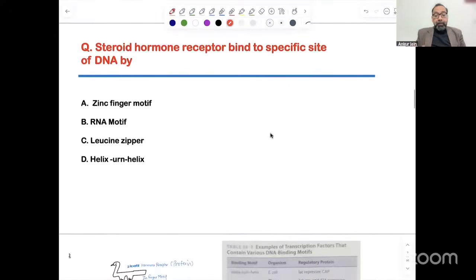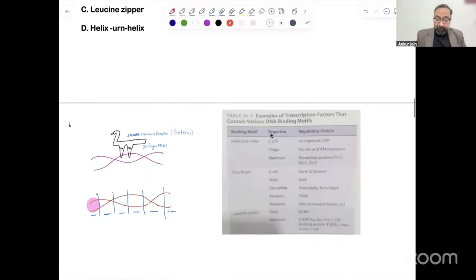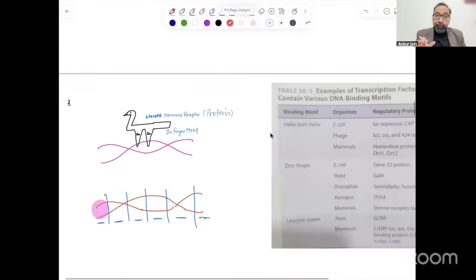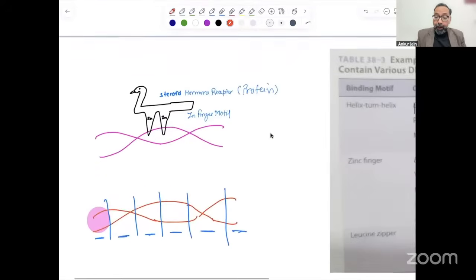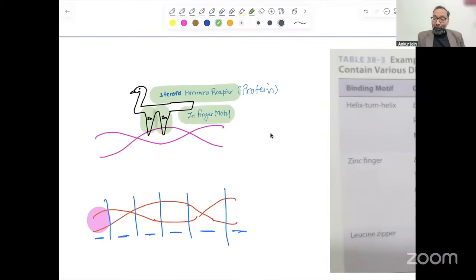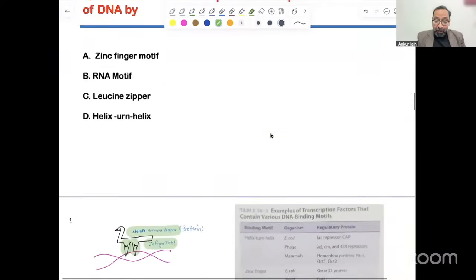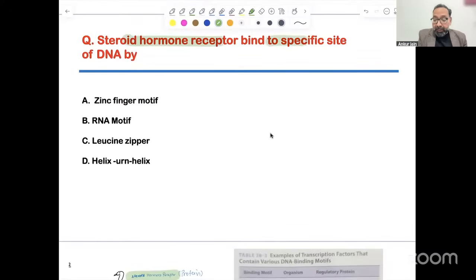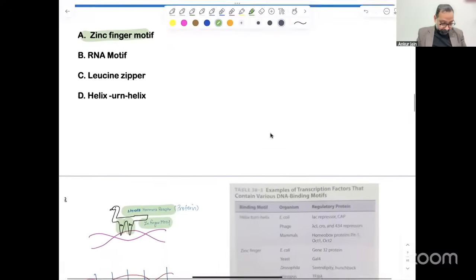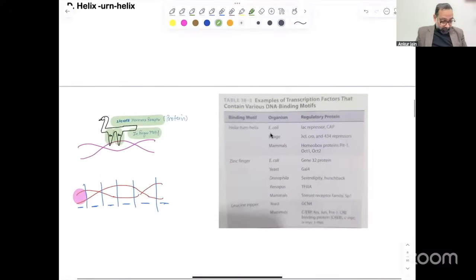Steroid hormone receptors bind to a specific site of DNA. We have discussed this question. If you remember in DNA footprinting, I discussed that steroid hormone receptor is just like a duck with finger-like projections, and these are zinc finger motifs. So steroid hormone receptors bind to a specific site of DNA by zinc finger motif.